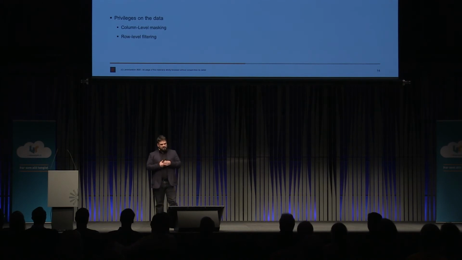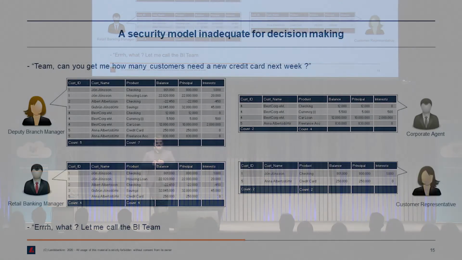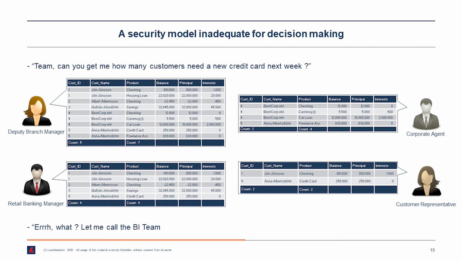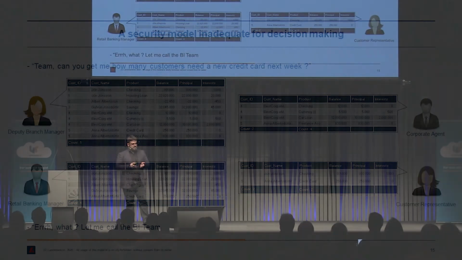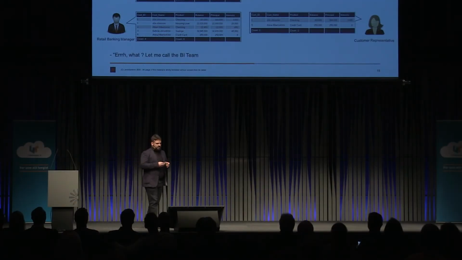So it led to some issues. Let's say we have the same team refreshing the same business objects document. The four of them would have different results because they were not aware of their security, and that could lead to some serious decision-making problems.